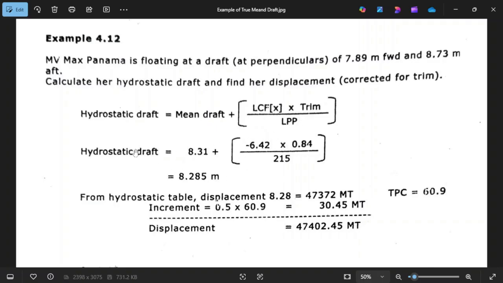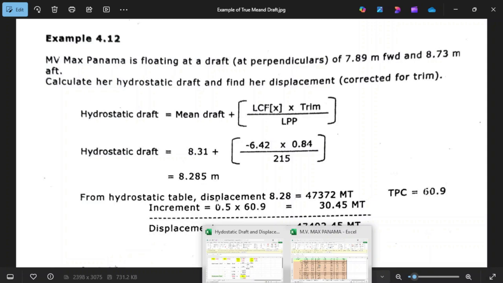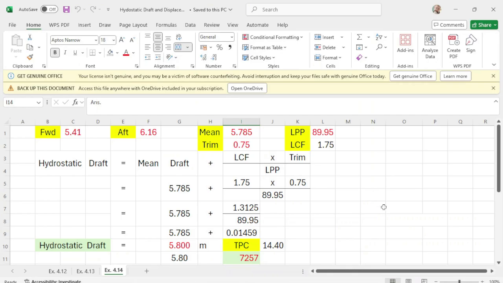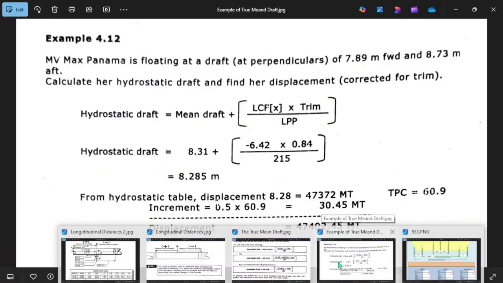So I have here made a computation. Forward, check the forward. Forward is 7.89.